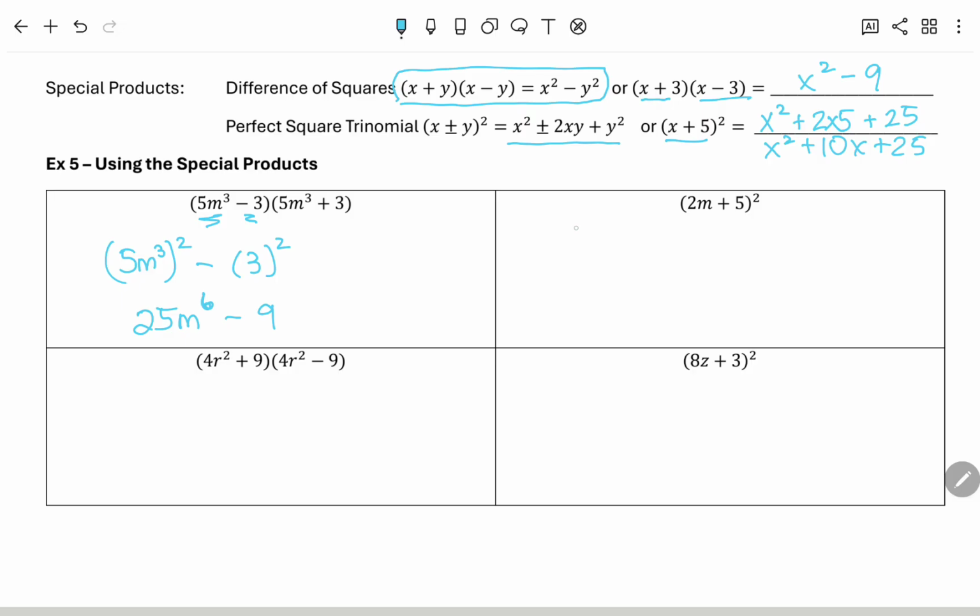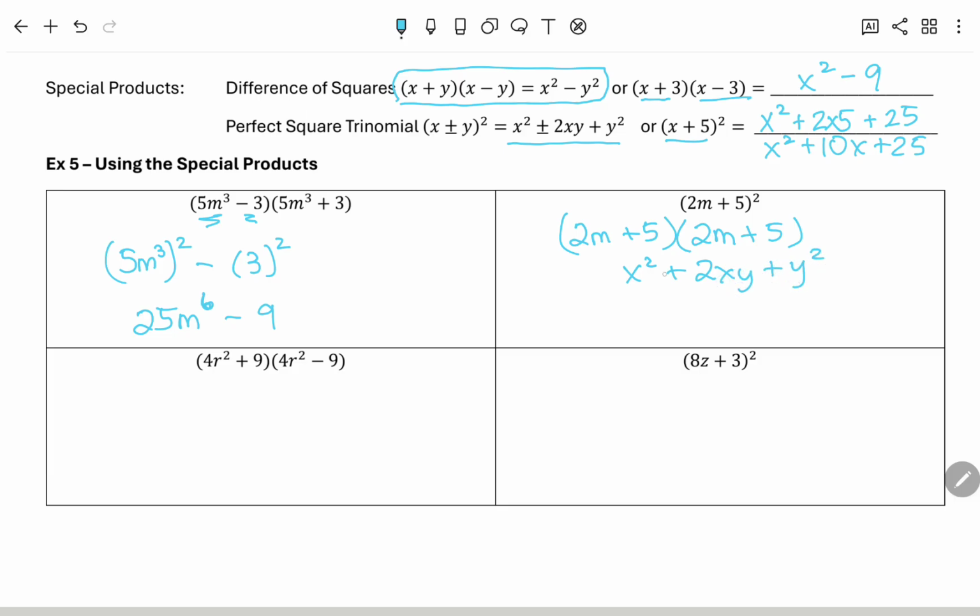And then this one over here, if it helps you to expand it out, you can do that, because what that means is you have that quantity times itself. And so you can do your little swooshies and multiply, or you can just recognize that this is going to be a perfect square trinomial. And for a perfect square trinomial, it follows the pattern of x squared plus 2xy plus y squared.